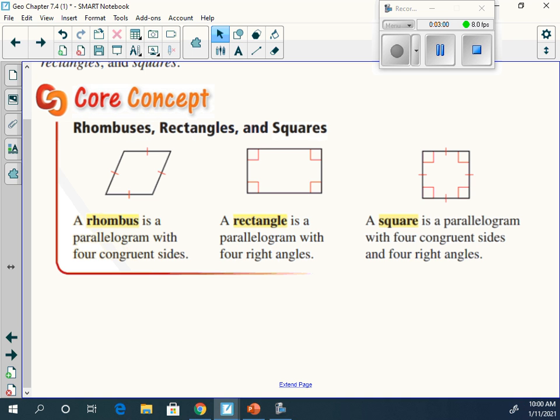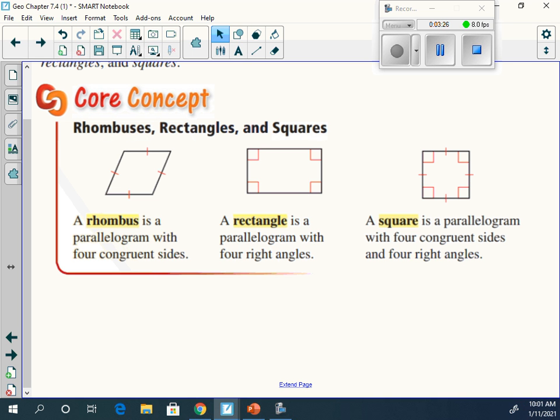Is a square a rhombus? Can a rhombus be a square? Because what is a square? A parallelogram with four congruent sides and four right angles. What's a rhombus? Four congruent sides. Does a square have four congruent sides?